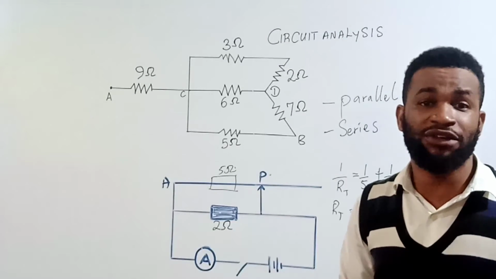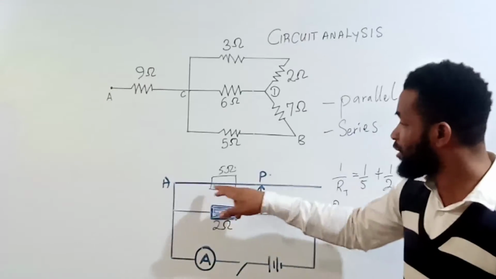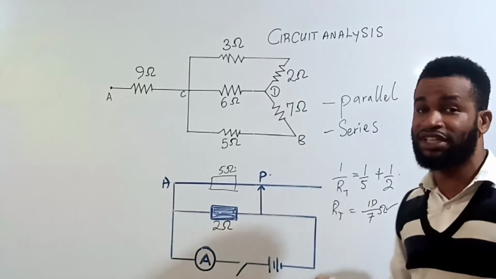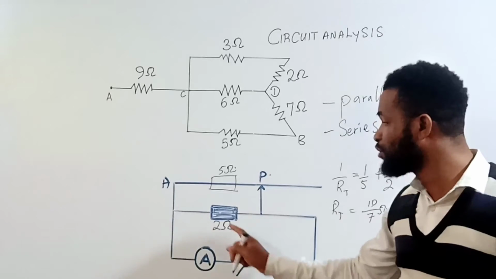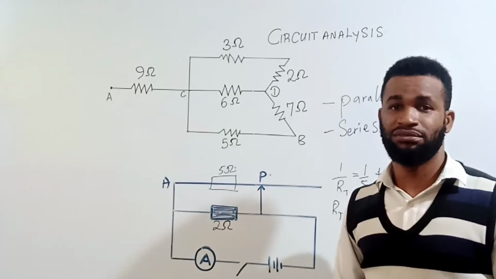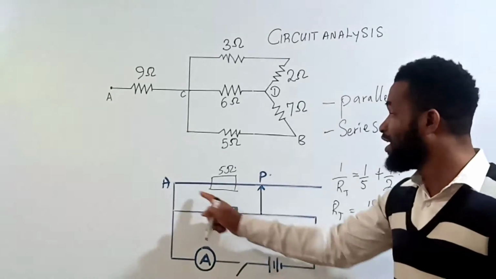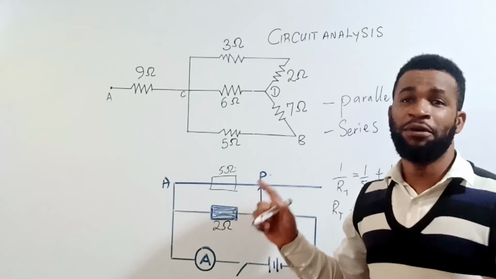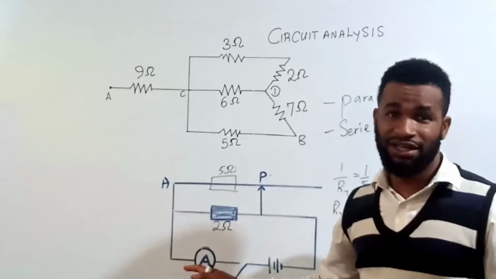So in the physics practical you're going to be doing for your exam, this wire, which is the constant wire, from A to B, is connected in parallel with the 2 ohms resistor. And remember the condition that the length of the wire is proportional to the potential difference across any unit length of the wire.